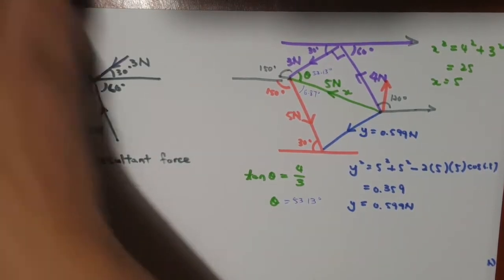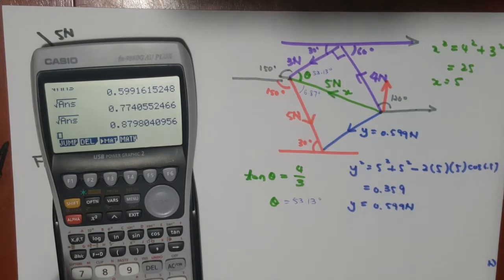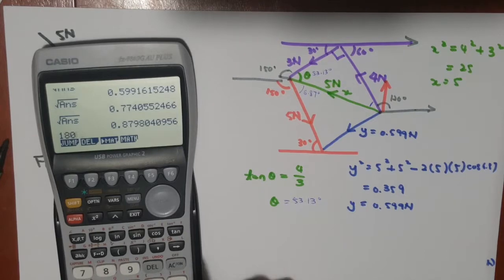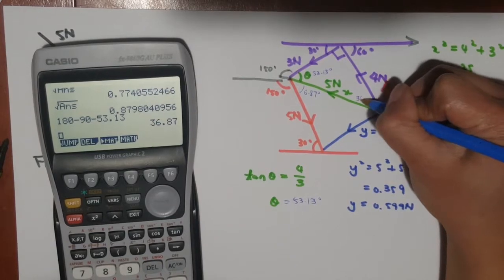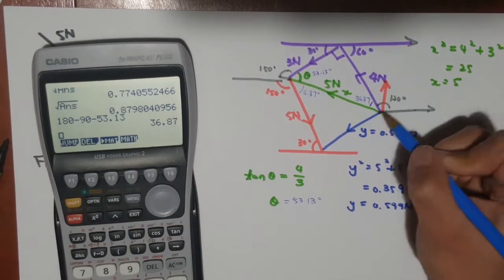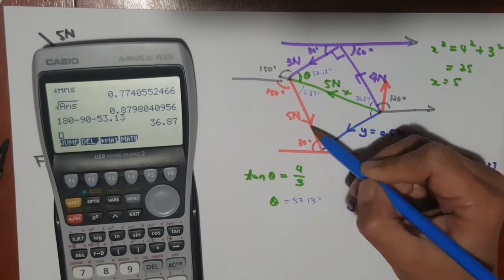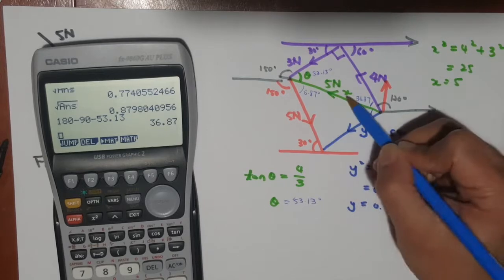Because we know that this is 53.13, we can get this angle by doing 180, take 90, take 53.13, which is 36.87. We can also get this angle right here, because this is 5 and 5 Newton, so they are isosceles.